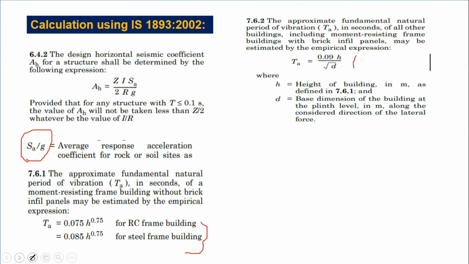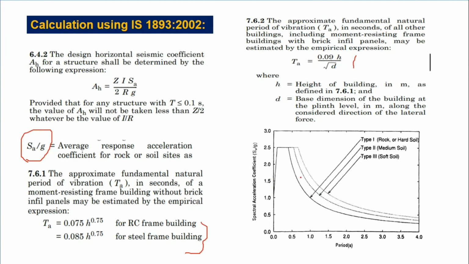After that we have to determine the type of soil where the building will be constructed, and based on those two parameters we can find out the value of the spectral acceleration coefficient, which is Sa by g. After that we can easily calculate the value of horizontal acceleration.